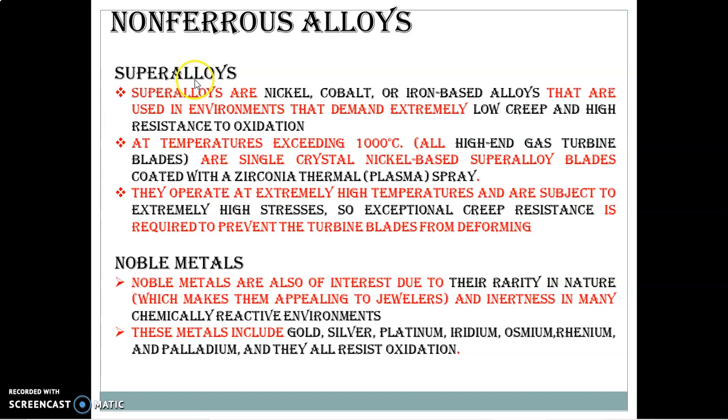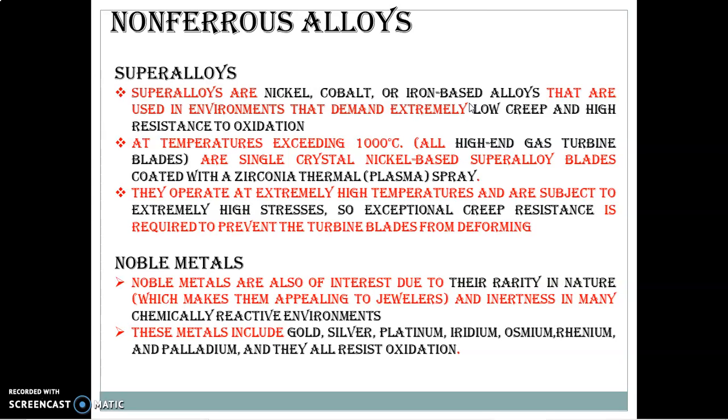Coming to the next category of non-ferrous alloys, that is super alloys. Nickel, cobalt and iron based alloys are considered to be super alloys, used in environments that demand extremely low creep and high resistance to oxidation. This is the identity of the super alloys.